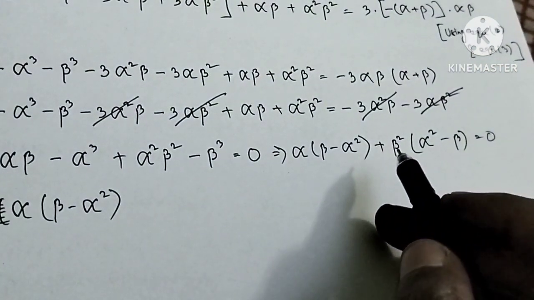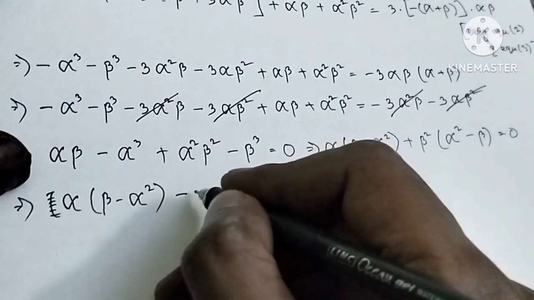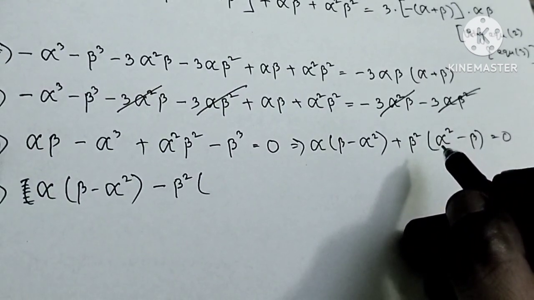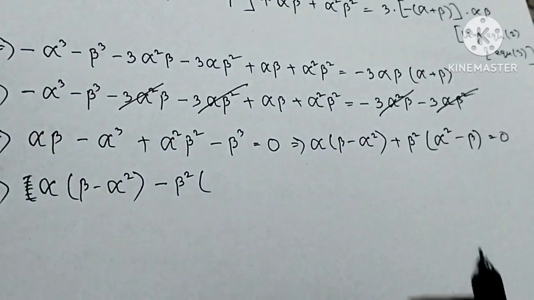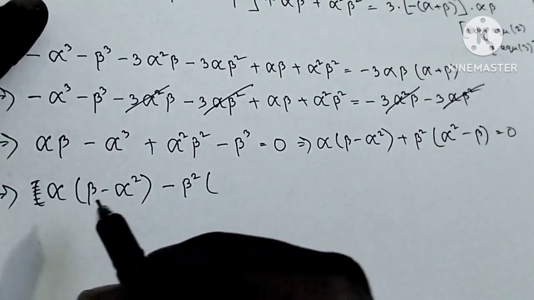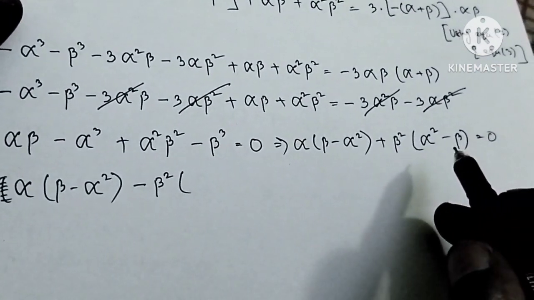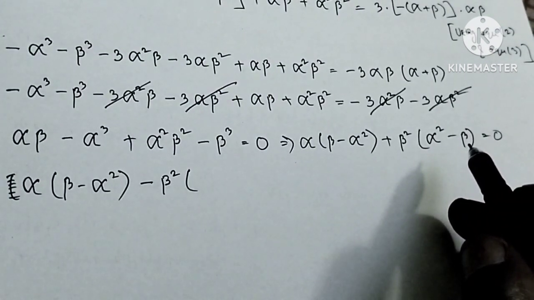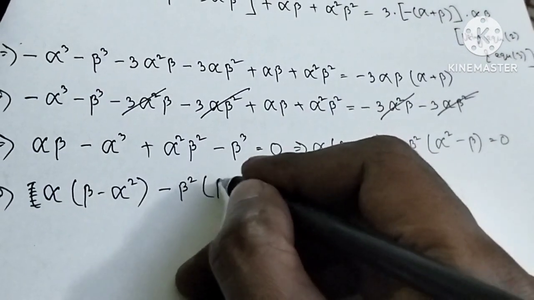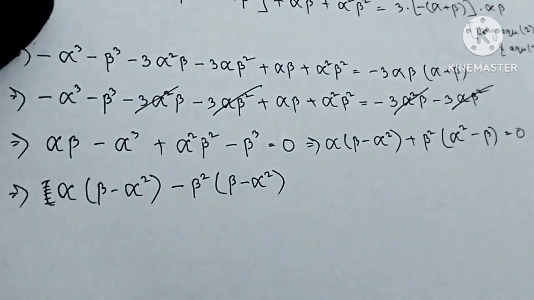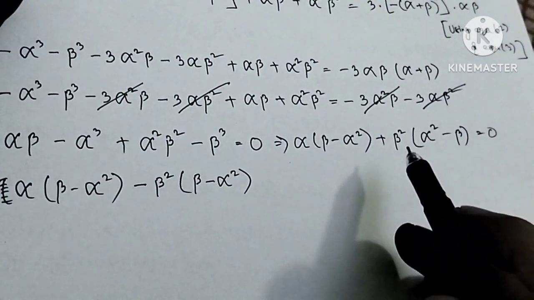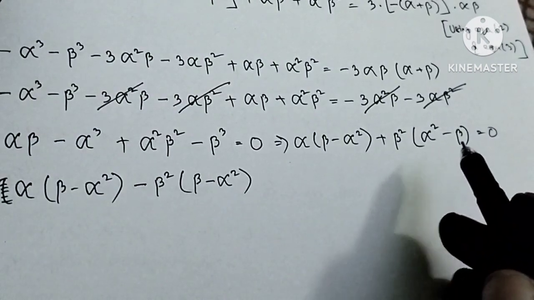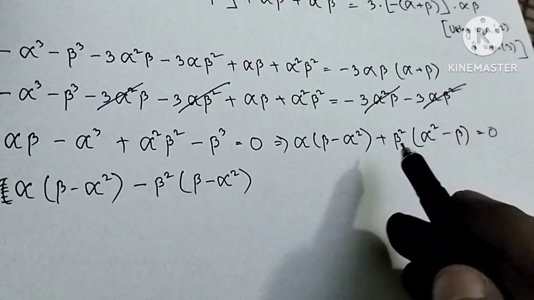Now we write minus beta square into beta minus alpha square, which gives minus beta cube plus beta square alpha square.